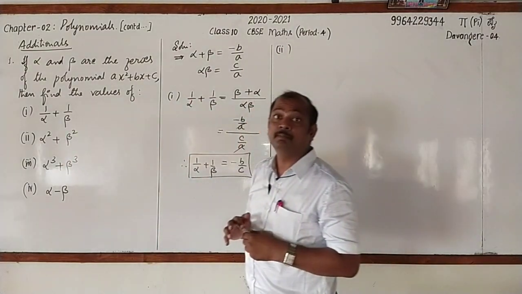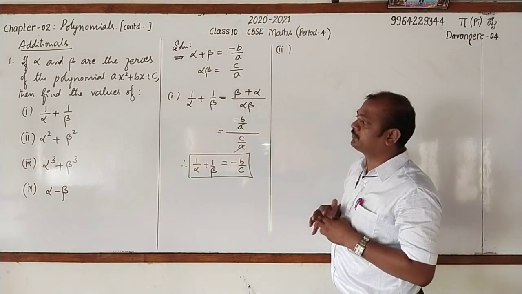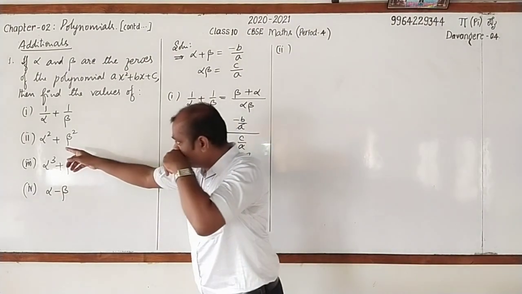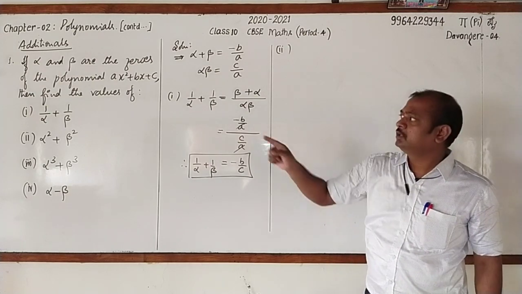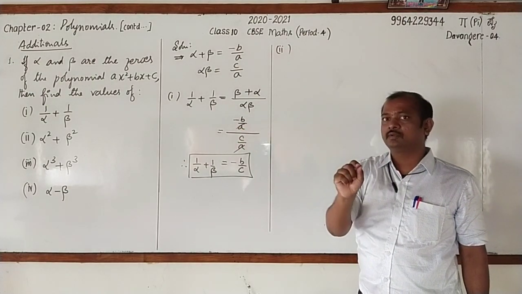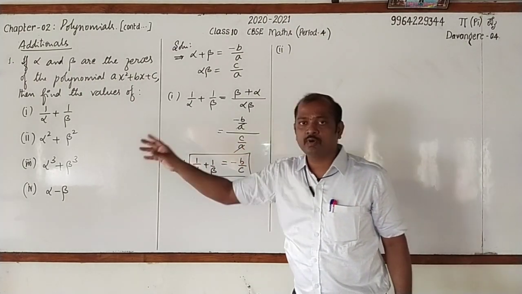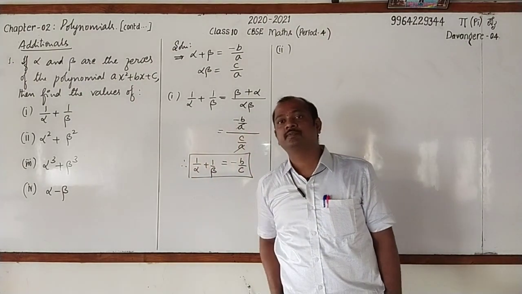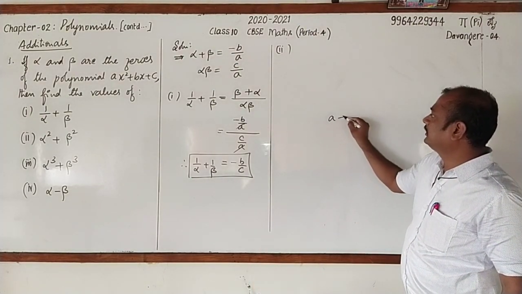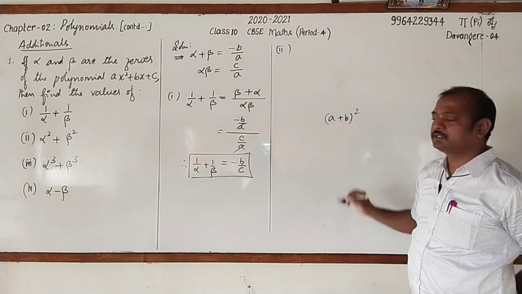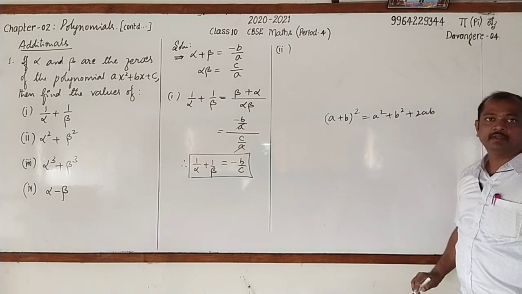Alpha square plus beta square is there. How do you find alpha square plus beta square? We do not know both the values. But do remember, alpha square plus beta square are the terms of an identity. What is that? If you take a plus b whole square, how do you write it? a square plus b square plus 2ab.